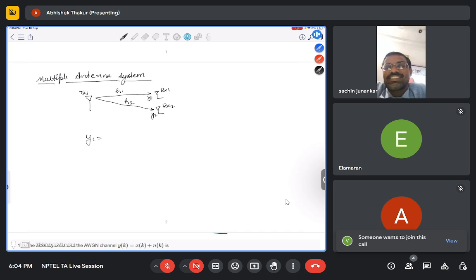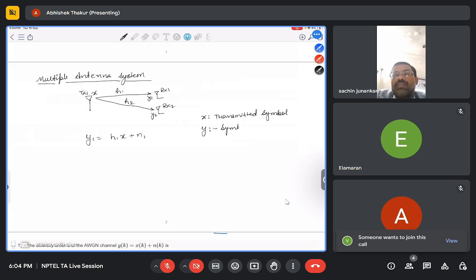So Y1 is equal to H1 X plus N1. Here X is the transmitted symbol, and Y is the symbol received.